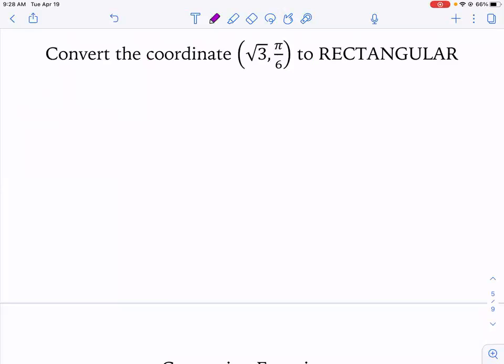So we need the two equations that have both r and theta, and then that way we can solve for it. So we know that x equals r cosine theta and y equals r sine theta.